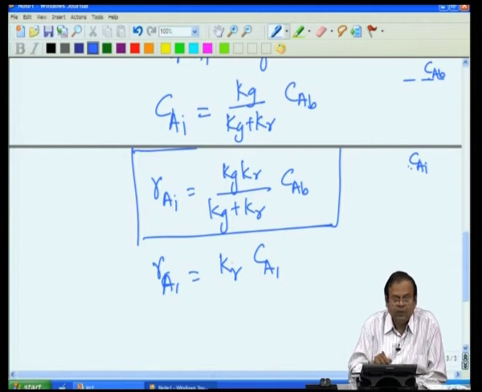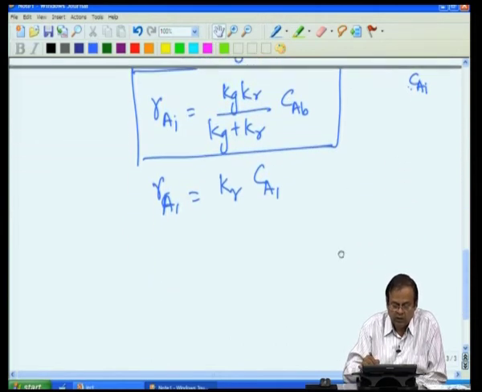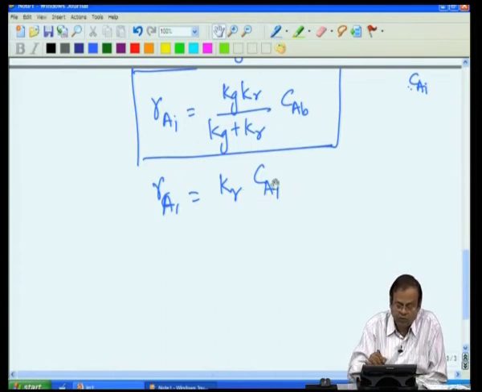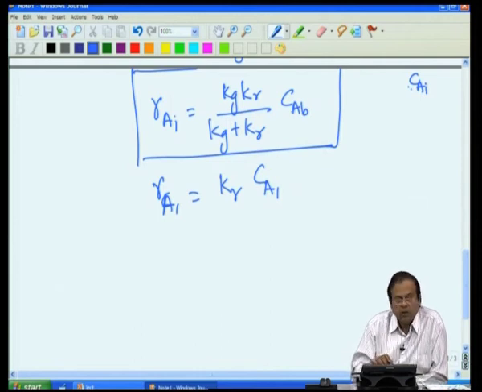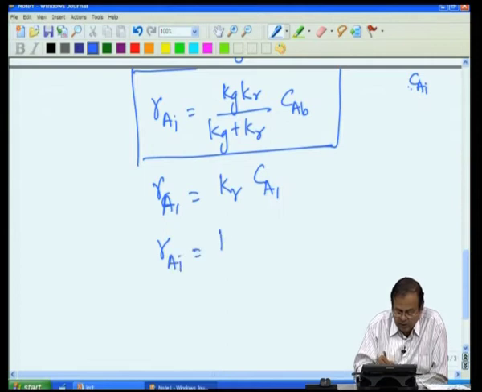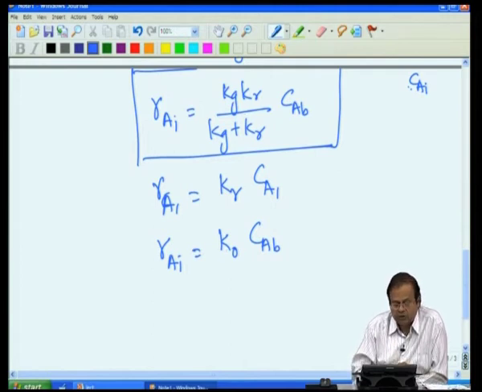Now, we can compare these two and you will see that these are not the same. Of course, this constant is not the same because this concentration is also not the same. So, what can we write this reaction rate as? First thing we notice here is that, where my K naught is Kg Kr by Kg plus Kr.